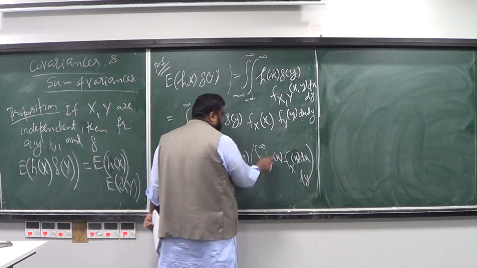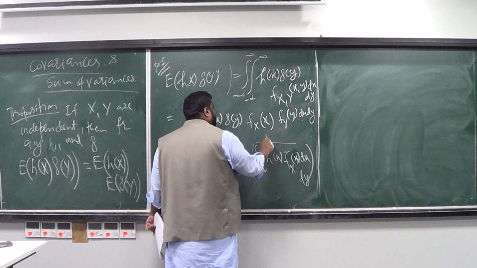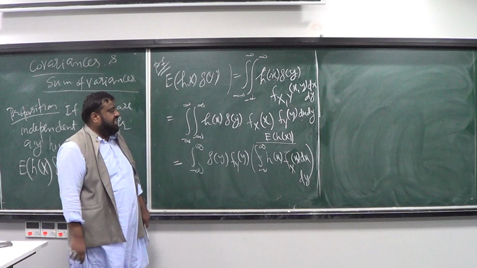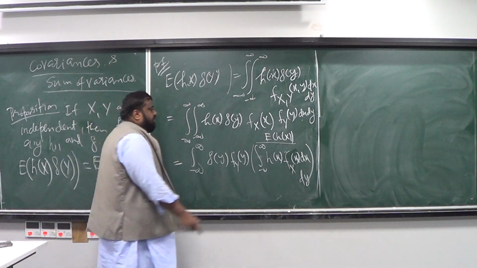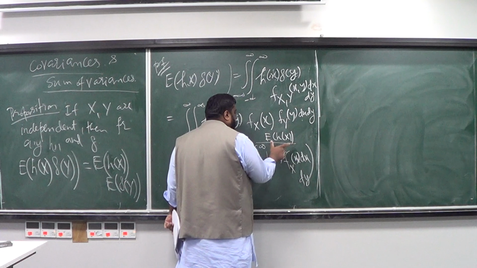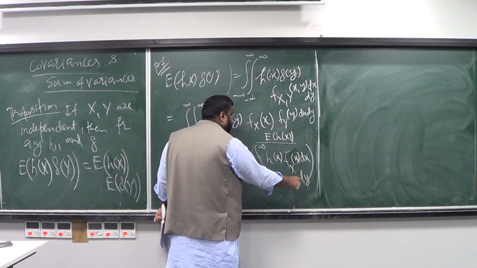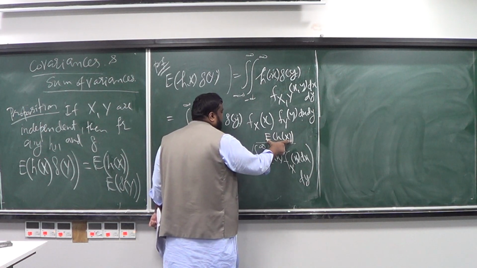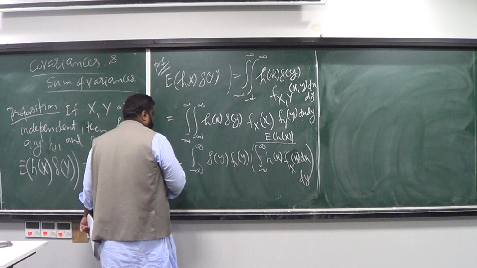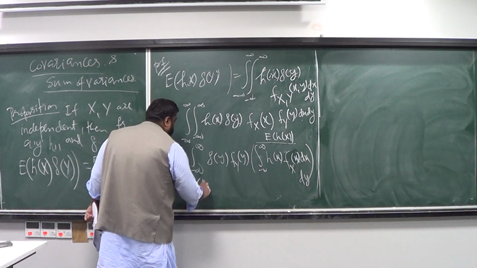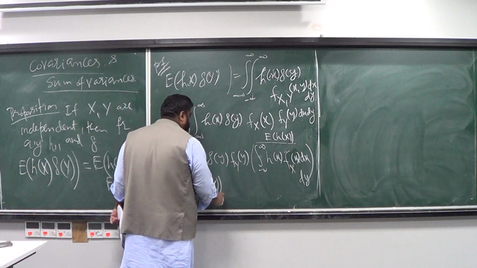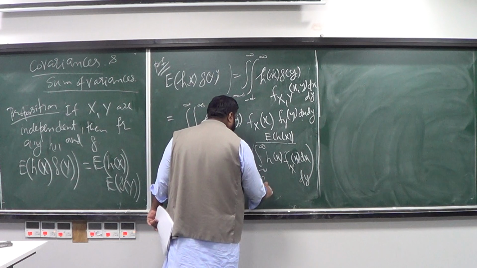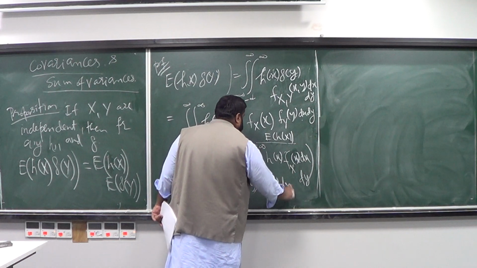Now what would this quantity be? This quantity is really the expectation of h of X. This entire integral can be written as the expectation of h of X, and expectation is a number, so you can pull it out of the integral. So you're going to have the expectation of h of X times the integral from minus infinity to infinity of g of y times f_Y of y dy.